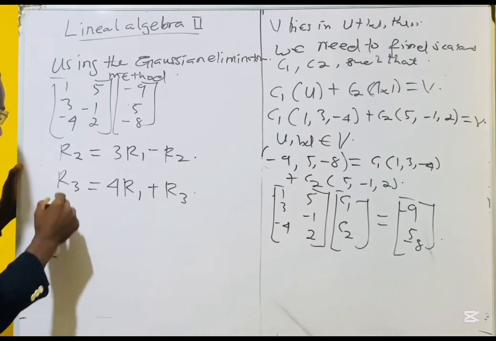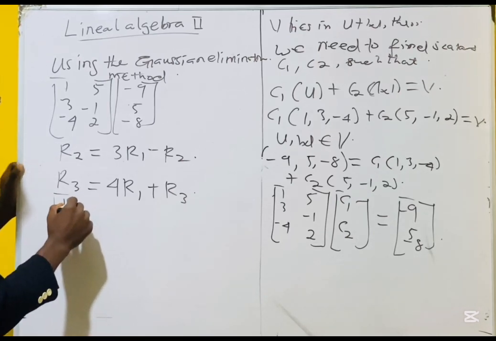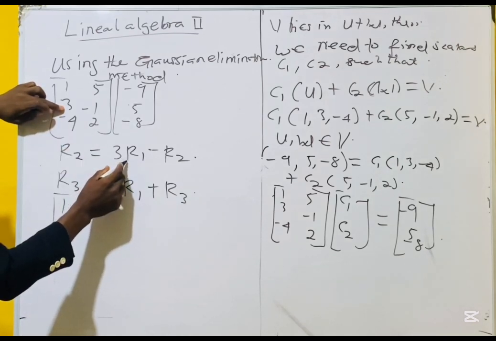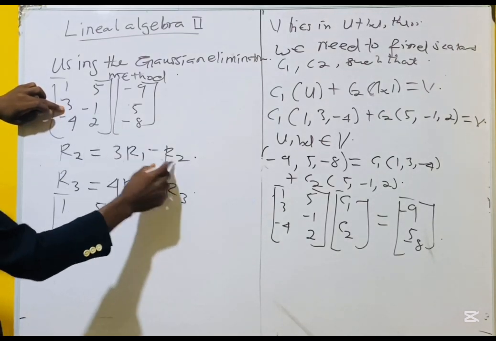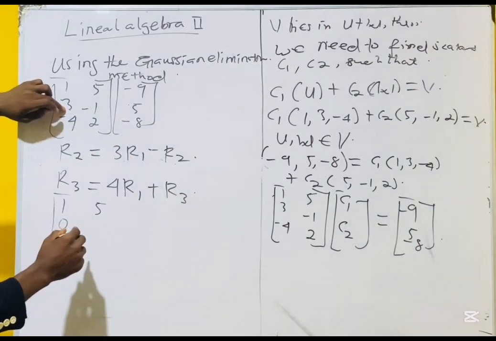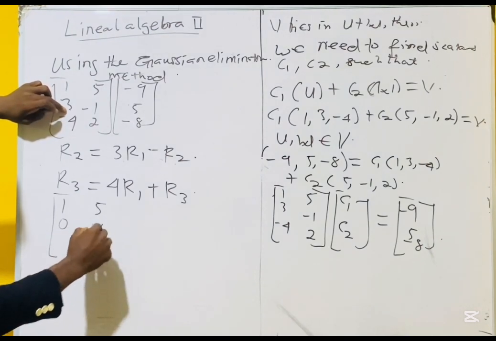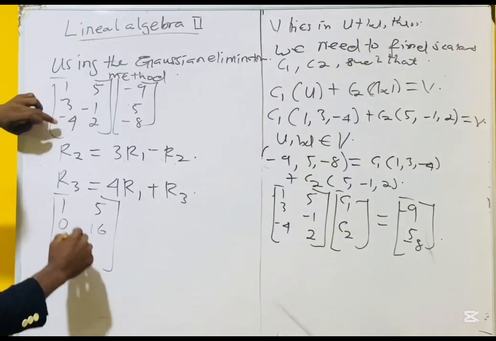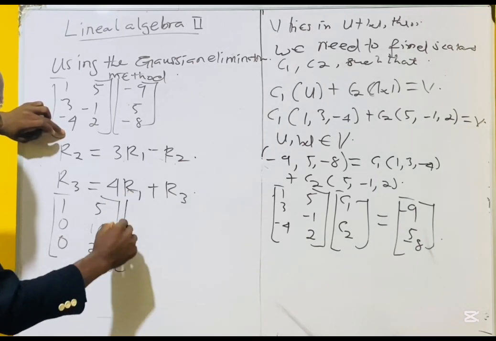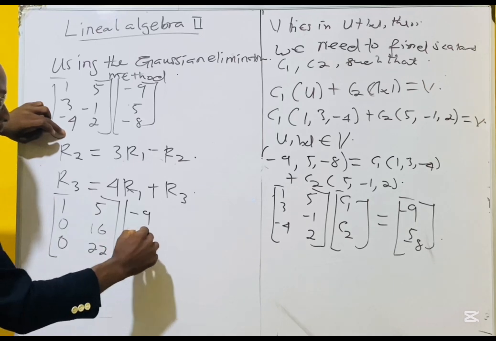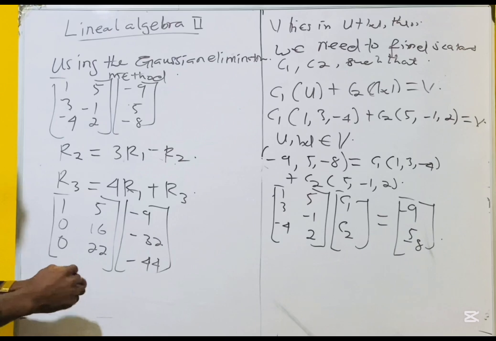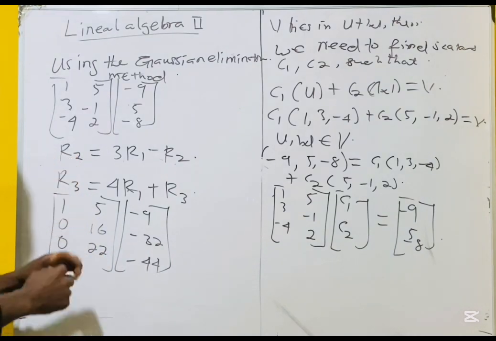So we have 1, 5, then 3 times R1, which is 3, minus R2 is 0, so R2 is 0. Then here we are going to have 16, and here 0, 22, and then -9, -32, and -44. So this is what we have now.